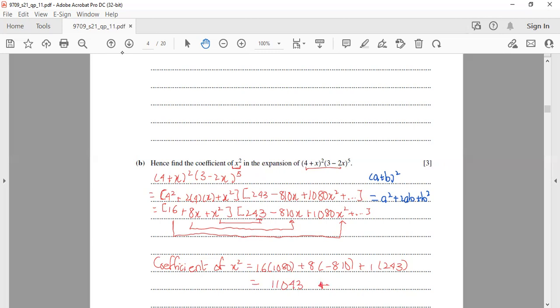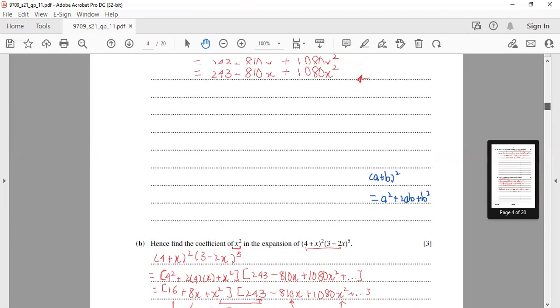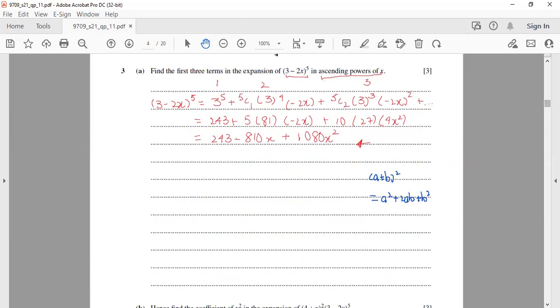For part A, you get marks for each term of your expansion. You gain a point for the first correct term, one for the second correct term, which is minus 810x, and one for the third correct term, which is 1080x.